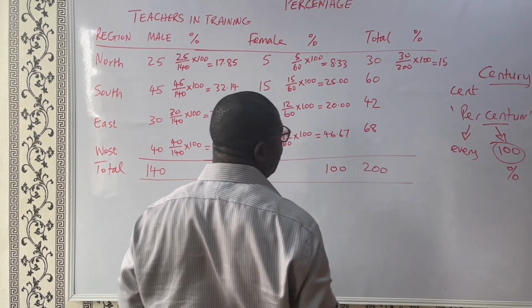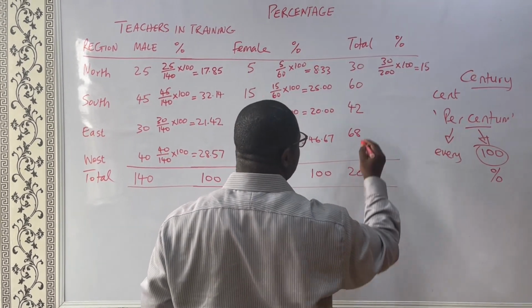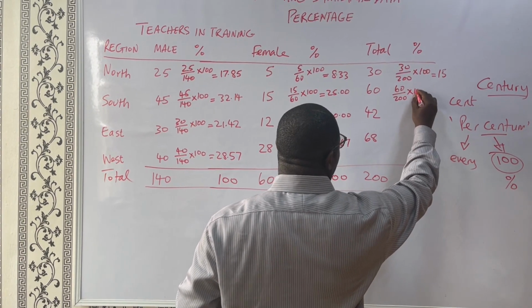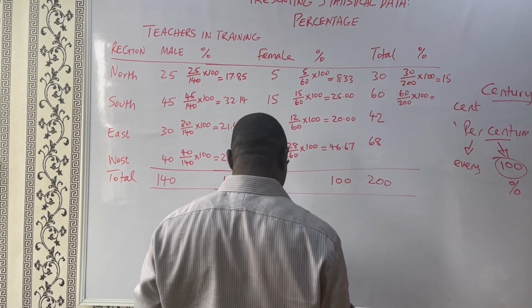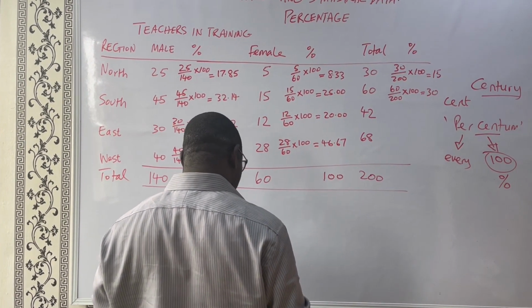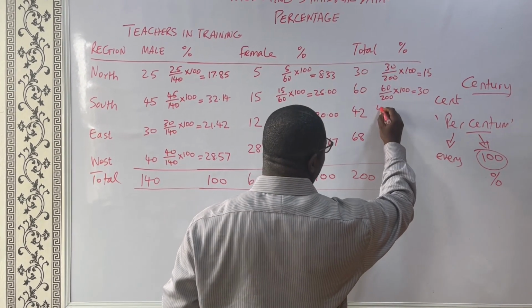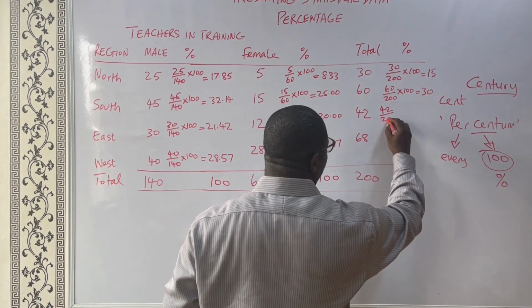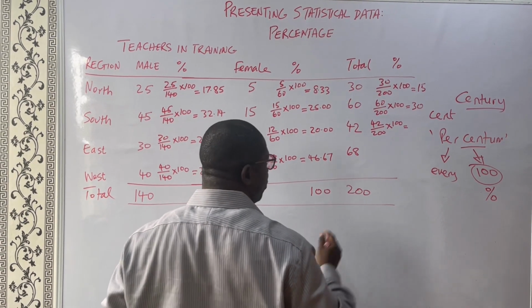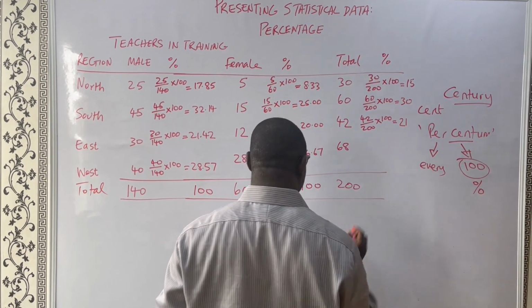That will give 15%. The next one is 60 divided by 200 times 100. That will give us 30%. Then the next one is 42 divided by 200 times 100. That will give us 21%.